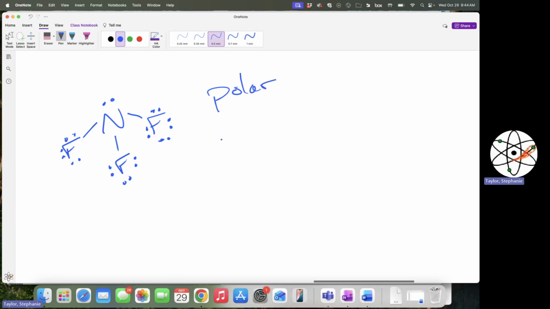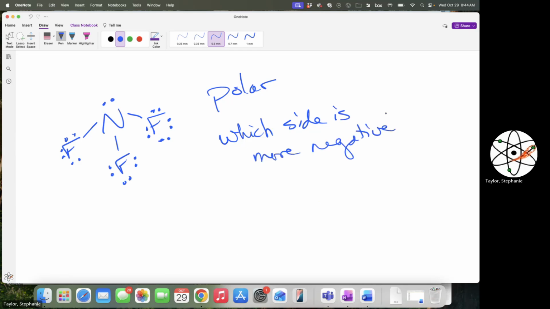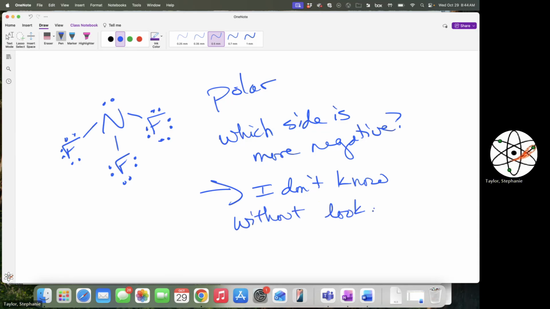But the question is, which side is more negative? And I'm going to tell you, I don't know without looking it up, because you've got fluorines that are really electronegative, and you have 3 of them.